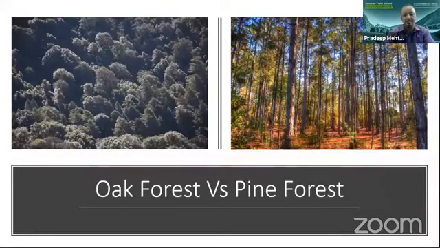If we compare an oak forest to a pine forest, we get more ecosystem services from the oak forest. Here you can see the pine forest, the canopy is so open, while in the oak forest, the canopy is so dense. The undercover is also very green there. The moisture content is quite good in these kinds of forests.